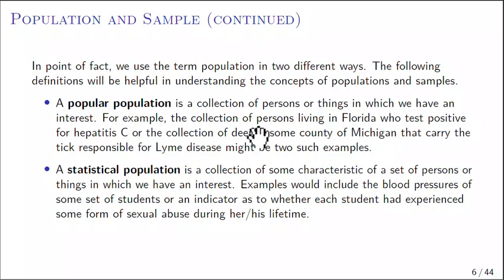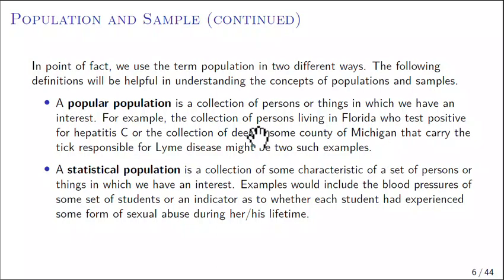For example, the collection of persons living in Florida who tested positive for hepatitis C, or the collection of deer in some county of Michigan that carry the tick responsible for Lyme disease might be this kind of example.